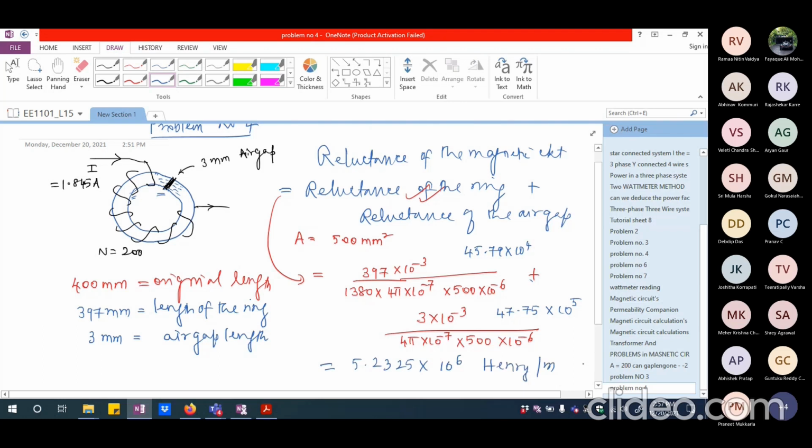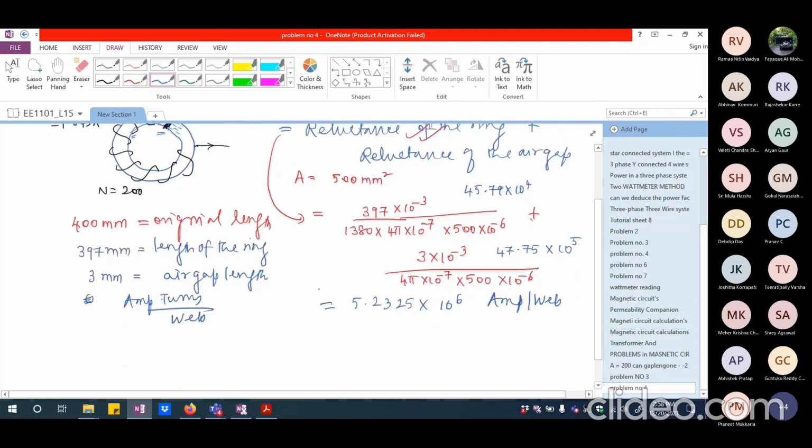This is the reluctance. Okay. So this is the reluctance. This is Henry per meter. No, this is actually ampere per Weber. Right? Because we are talking about reluctance. This is essentially ampere turns per Weber. That is what is reluctance. So I'm going to have ampere per Weber as the unit.